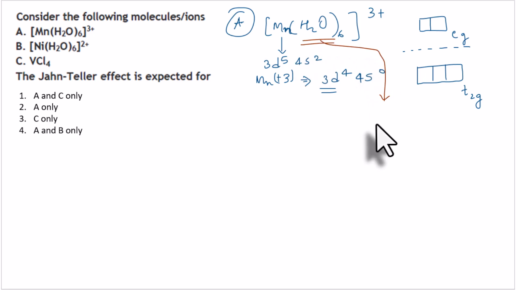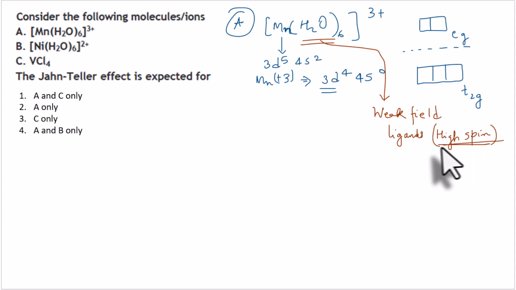We have H2O, which is a weak field ligand, the aqua ligand. H2O being a weak field ligand will give rise to high spin complexes. High spin means the electrons will be occupied singly first and then paired. It won't be paired initially. So 1, 2, 3, and the fourth electron will go to the eg orbital.